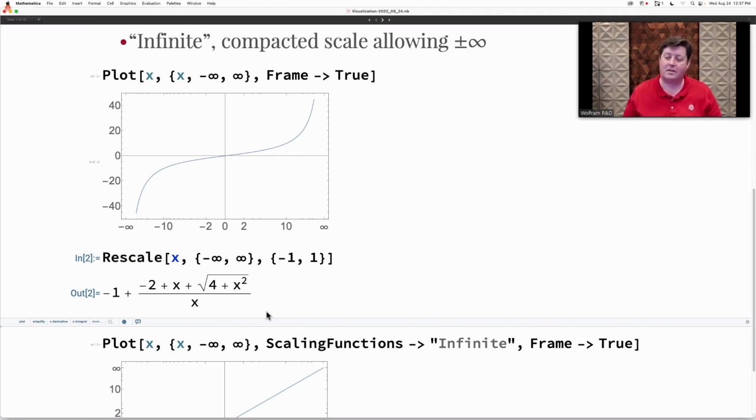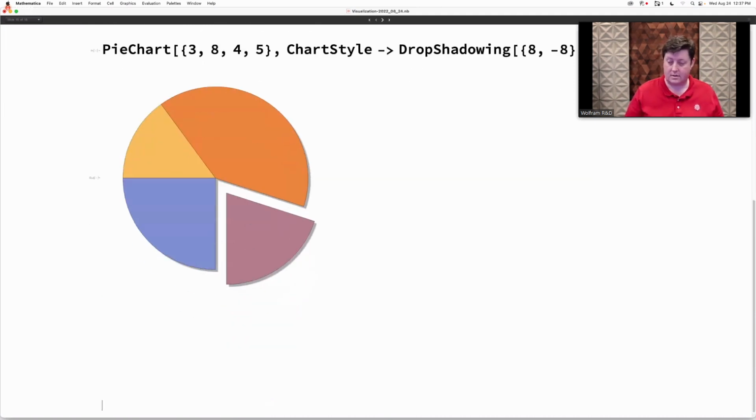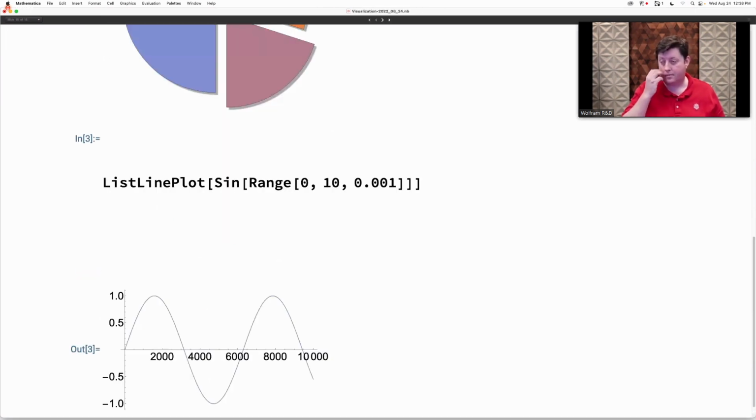And let me see if I drop to the end. Let's get some space here. It took a little bit of time. I'm not sure why.